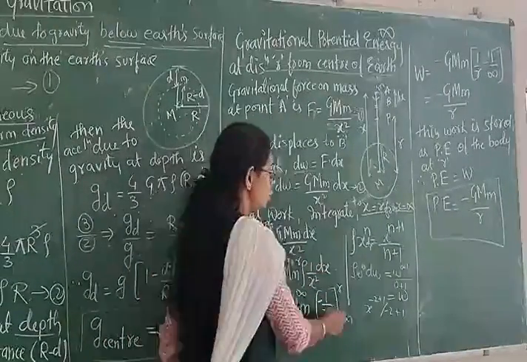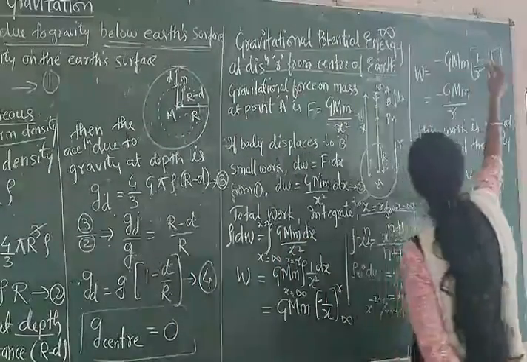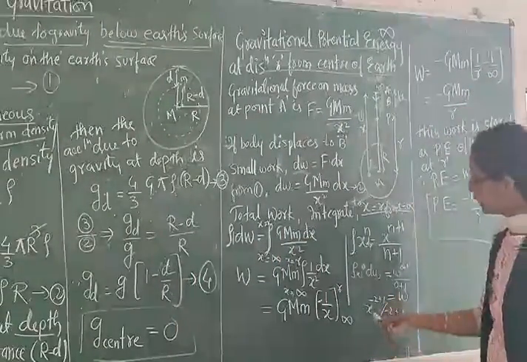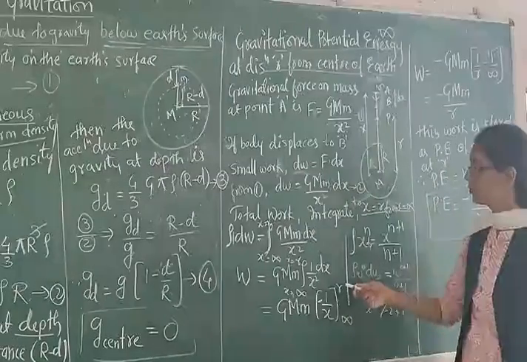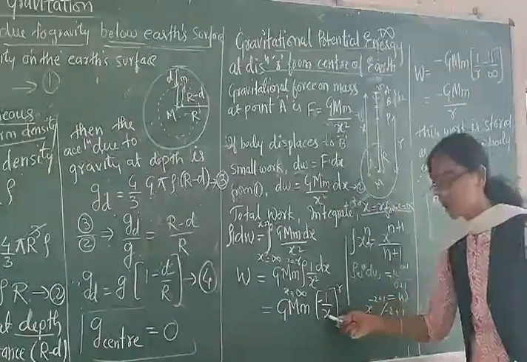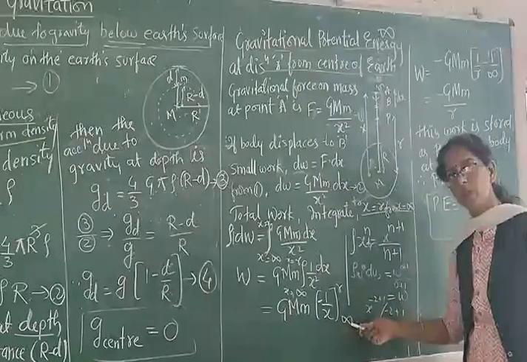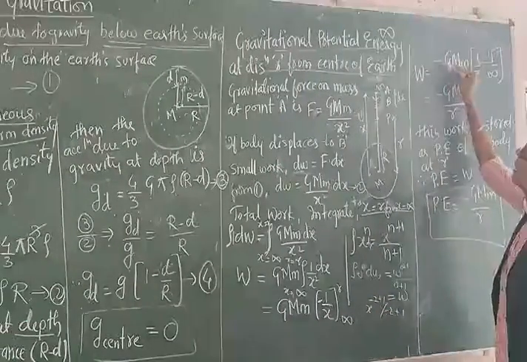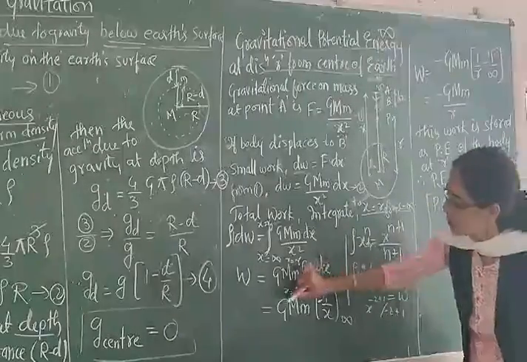Further, you need to apply the upper and lower limit. The formula is, in place of x, you substitute first the upper limit, minus, in place of x again you substitute the lower limit. When I do that, I am getting minus GMm as it is. So minus I have taken here.